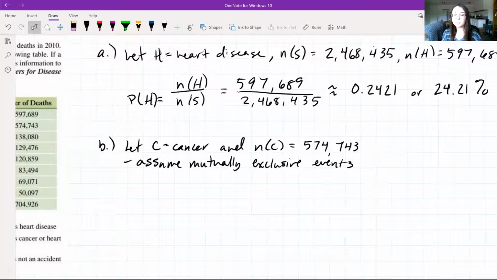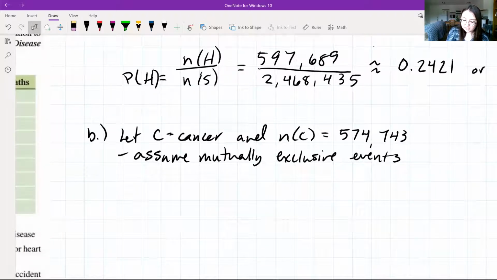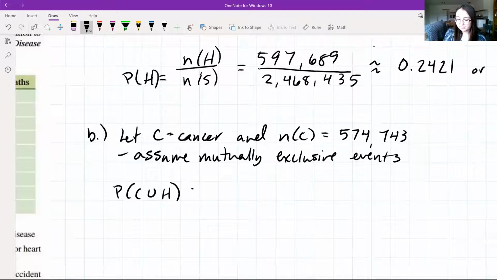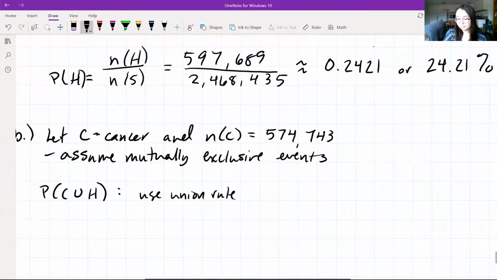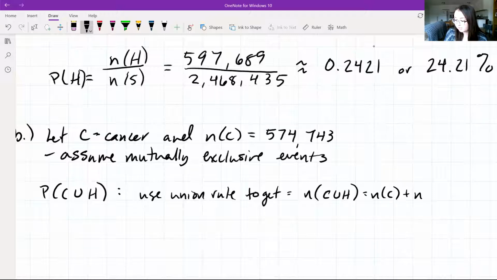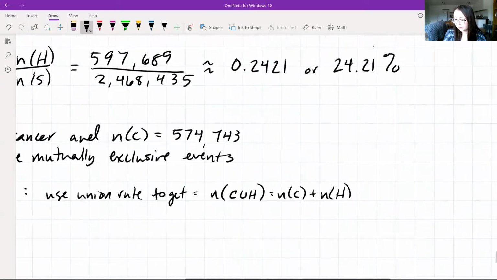So if we assume mutually exclusive events, and this is like saying the probability of C union H. So we can use our union rule to get N of C union H is equal to N of C plus N of H, since they're disjoint.